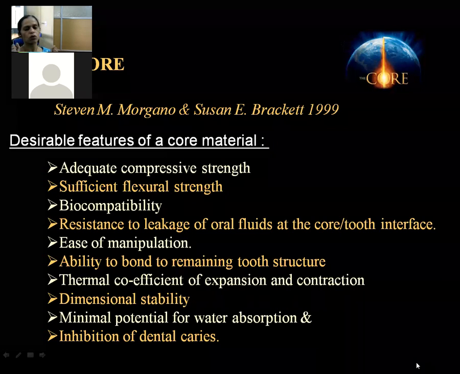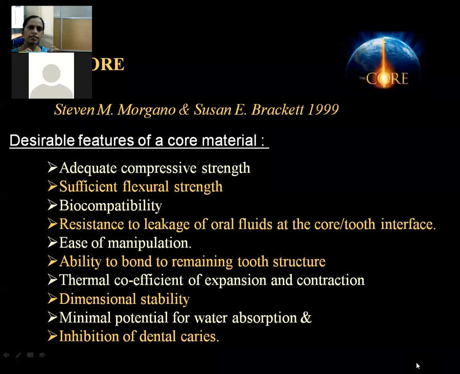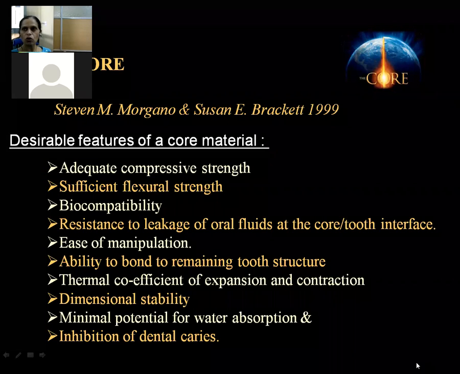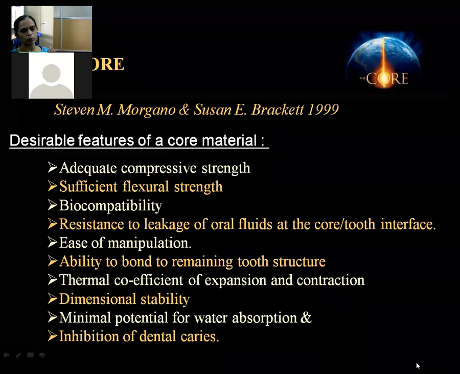All of you know that GIC has a water absorption capacity. The hydration continues for some time. Similarly, amalgam will have no water absorption property after setting. So we should choose a core material which has a minimum water absorption property.